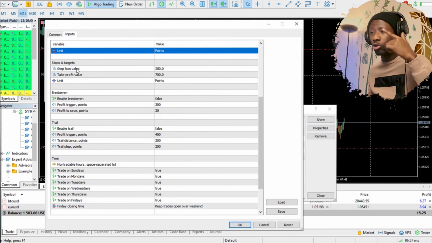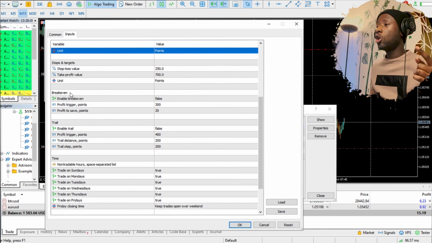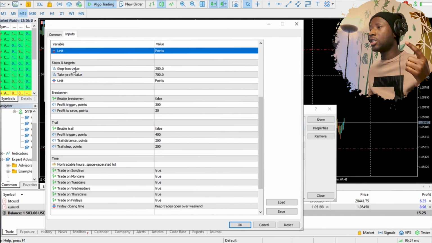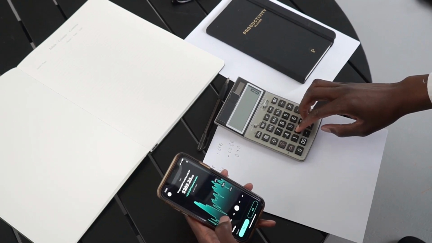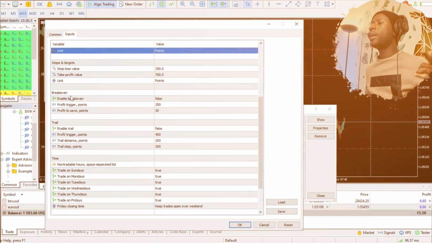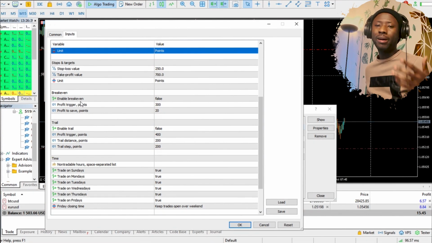That is why I was trying to figure it out. So the stop loss and the take profit target is a must-have in your robots, because it can even help you turn your robots into a different trading style, trading method. Break even is important, but not all that important. So if you don't have it in your robot, don't worry.